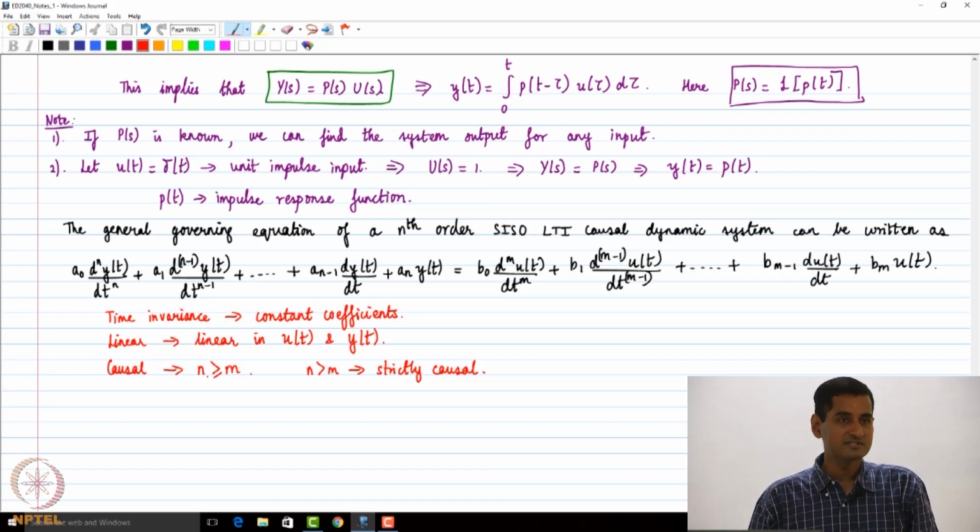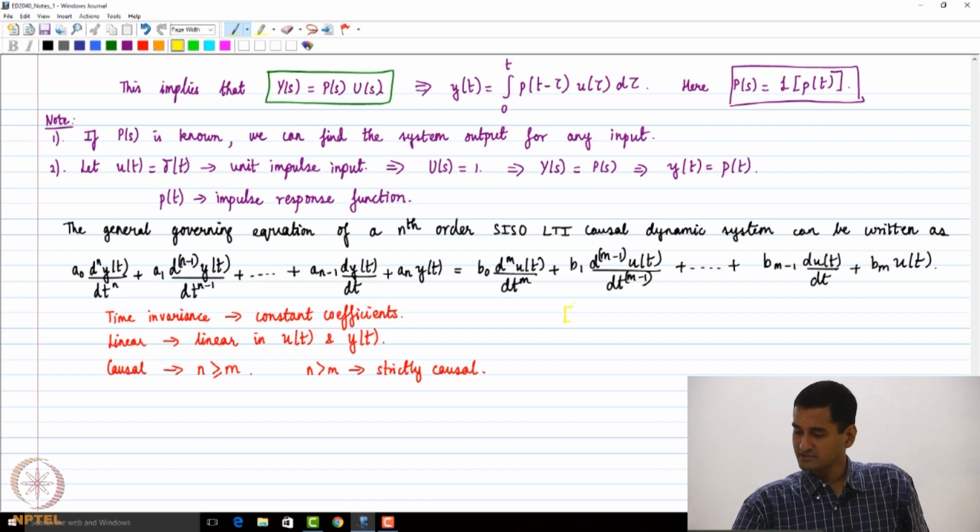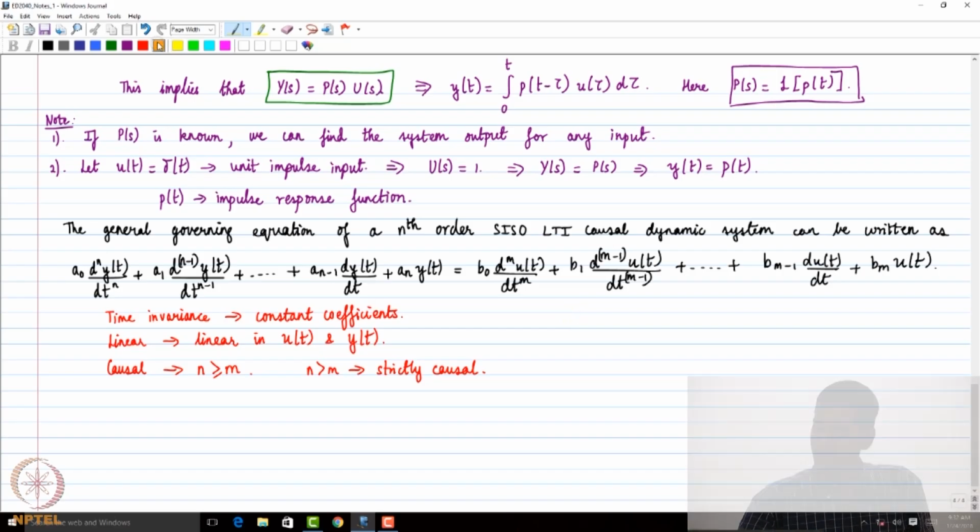Okay, so this is an nth order system where n is the order of the highest derivative of the output term. As an example, for the mass spring damper system that we just considered, what were the values of n and m?